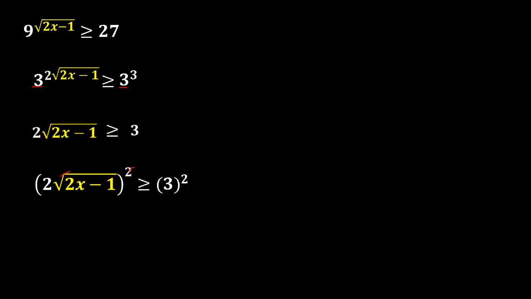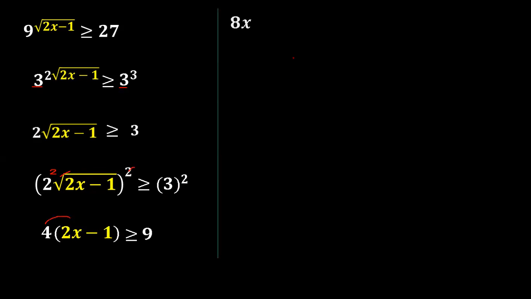This time, what remains is 2 times 4 times 2x minus 1, because you have to distribute the square here, class. So this will become 2 squared, square root of 2x minus 1 squared. So cancel out. So 2 squared is 4 times 2x minus 1. 3 squared is 9. Distribute.